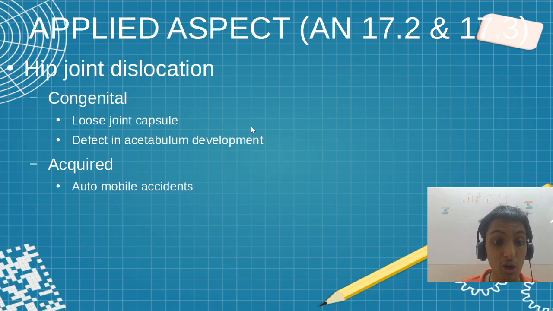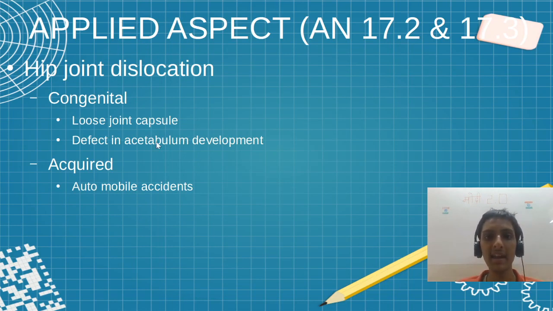And acquired, automobile accidents. Remember, the more the joint mobility, the more the tendency for dislocation. Like take the shoulder joint, more tendency for dislocation. The hip joint has very little because the head of the femur completely fits into the acetabulum. So less tendency for dislocation, especially during automobile accidents.